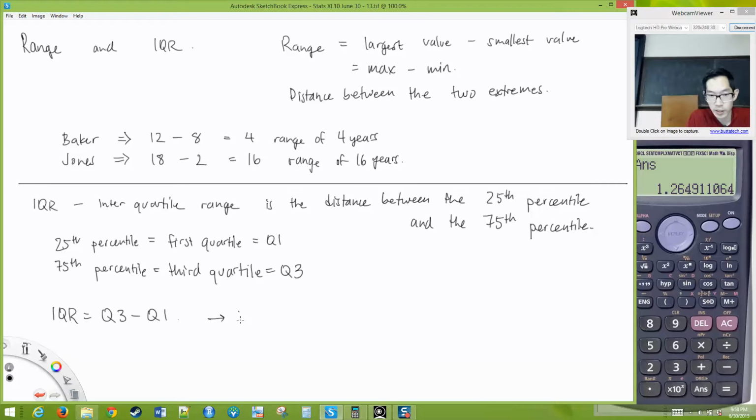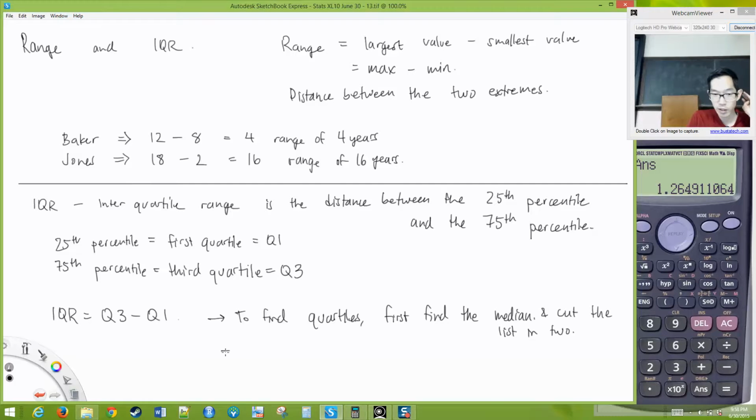So to find quartiles, first find the median and cut the list into two.